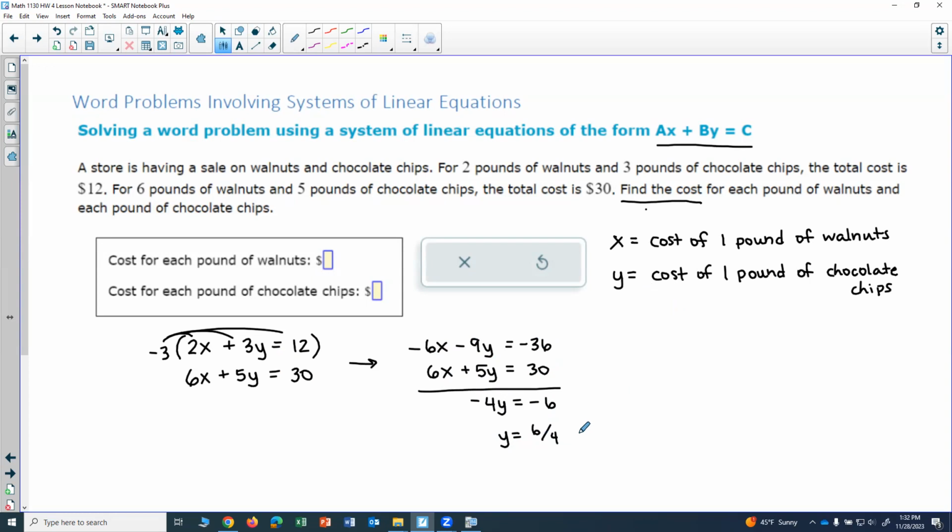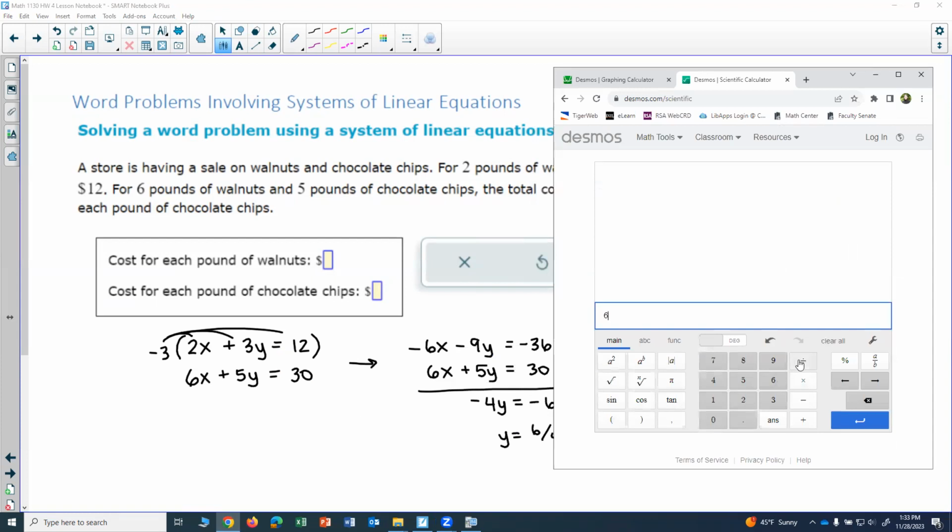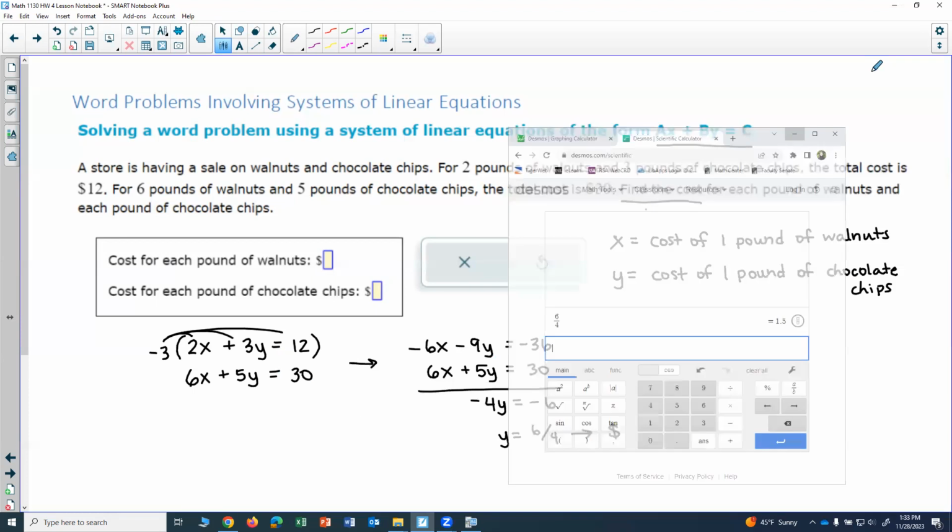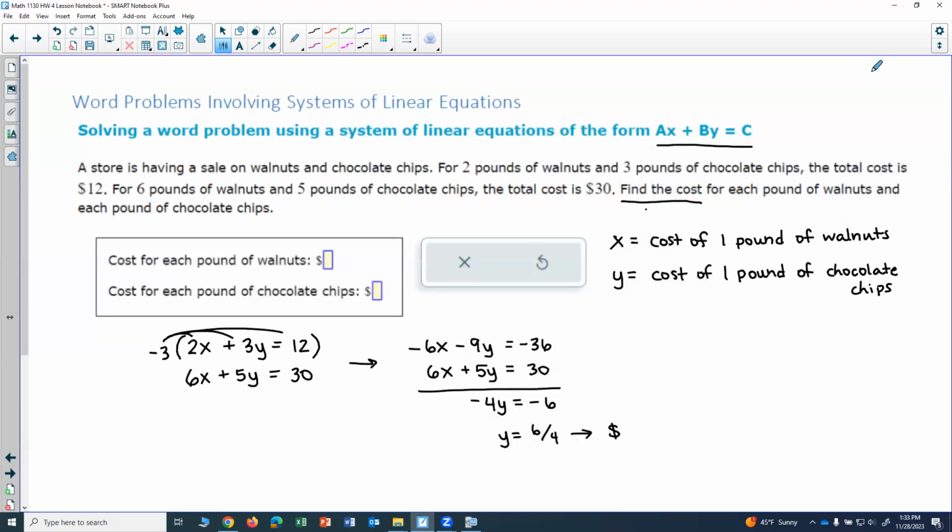I want to go ahead and get the actual cost per pound. So 6 divided by 4, you could go ahead and put that into your calculator. And we have $1.50. So the cost per pound of chocolate chips is $1.50.